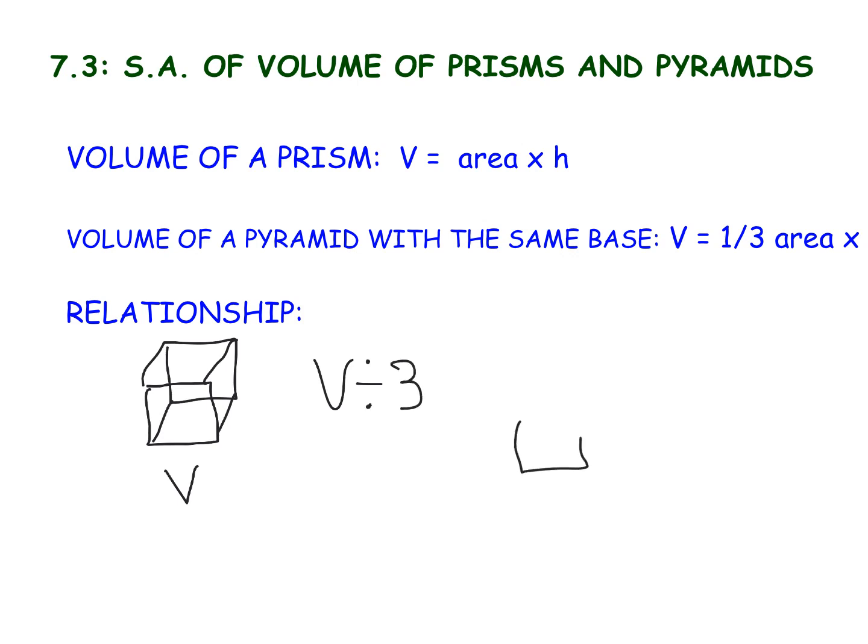So if I draw that same square base, then if I have a pyramid coming off of that, then the volume of this prism, if I take it and divide it by 3, gives me the volume of this pyramid. And so we don't need a new formula. We just need to find the equivalent prism or box and just divide the volume by 3. It's that easy.